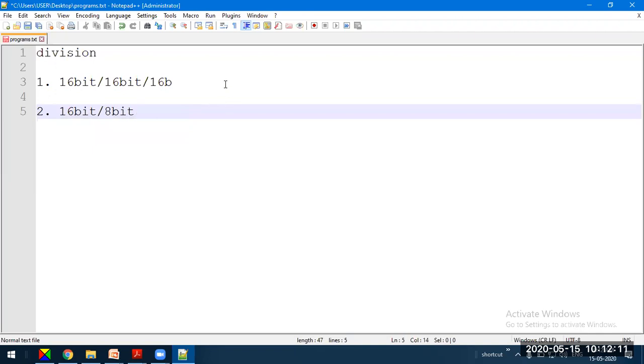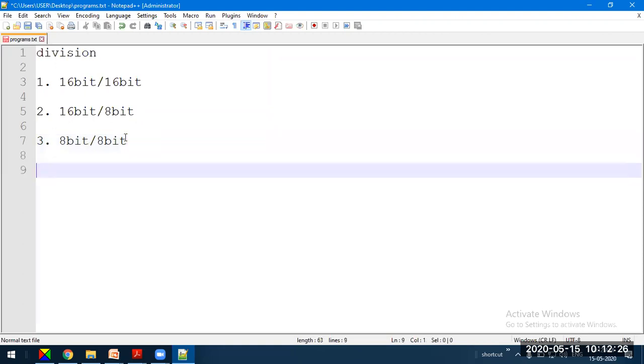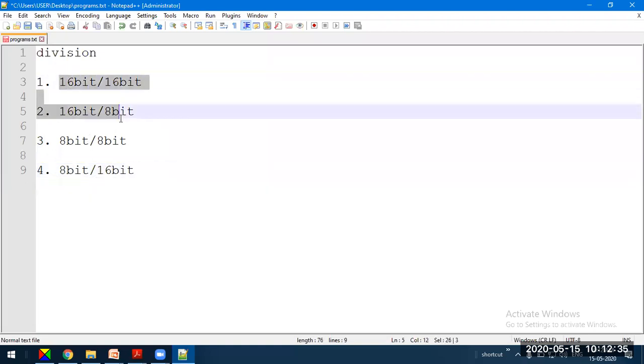The other possibility is 8-bit divided by 8-bit. Of course, 8-bit divided by 16-bit is not really useful, as the result is 0 anyway, but it is also possible. Generally, we usually use these three cases.